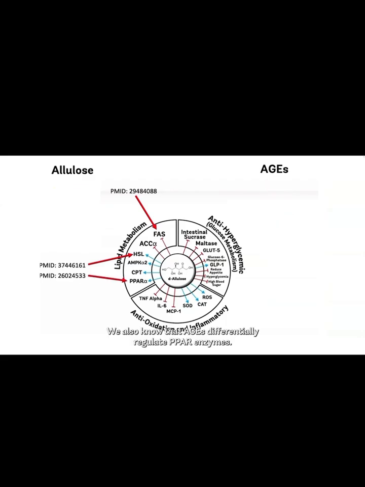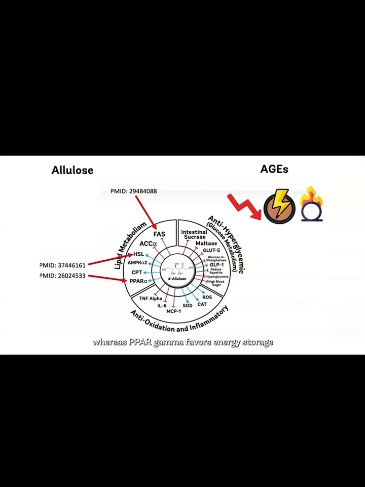We also know that AGEs differentially regulate PPAR enzymes. PPAR alpha leads to energy dissipation, and it does that by promoting fatty acid oxidation, whereas PPAR gamma favors energy storage, mainly through increased lipogenesis.